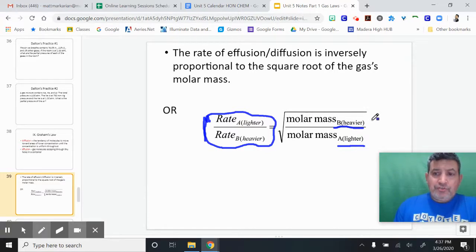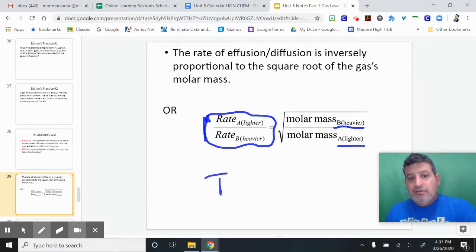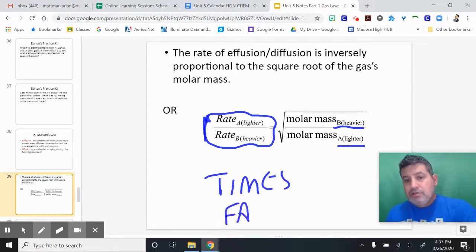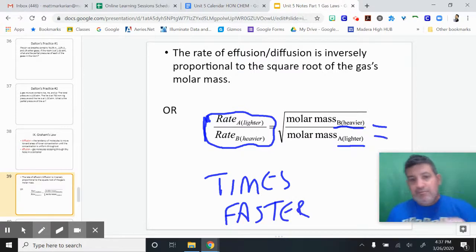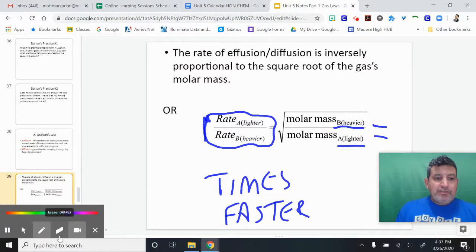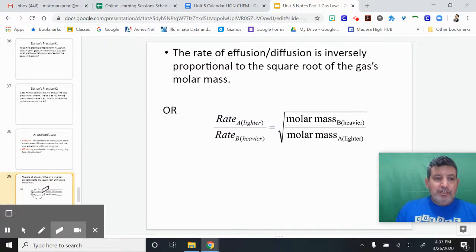When you take the square root, you'll get your answer, and the answer is going to be so many times faster. That's what we're looking for: how many times faster is the lighter gas than the heavier gas. So that's just a real easy look at what's going on there.